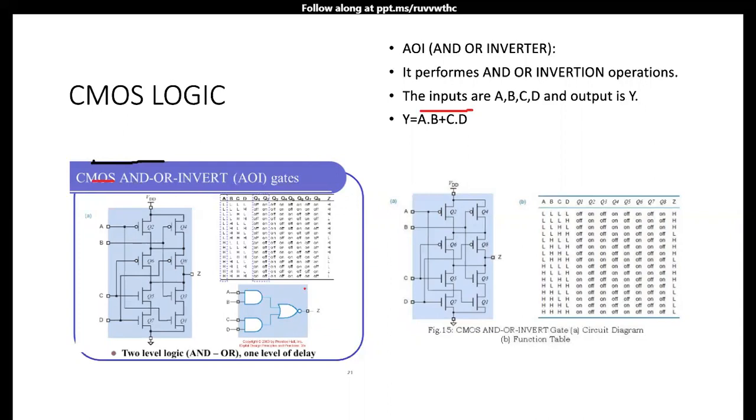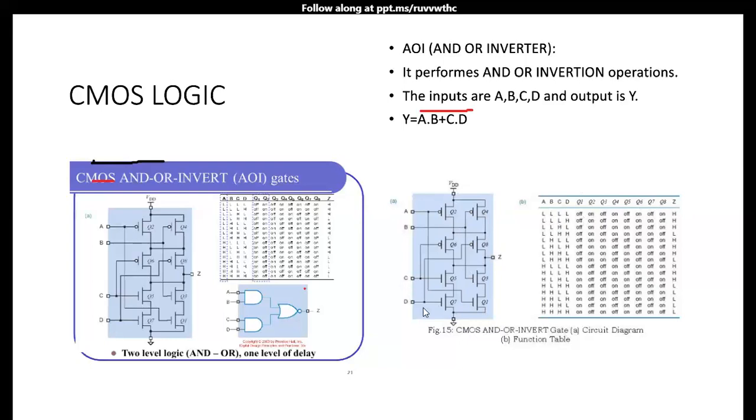So let us see the working of this AOI circuit. If I apply all the inputs low, then what happens? All the pull-up networks will be on and all the pull-down networks will be off. What are the pull-up networks? Q2, Q4, Q6, Q8. All these pull-up networks are on.